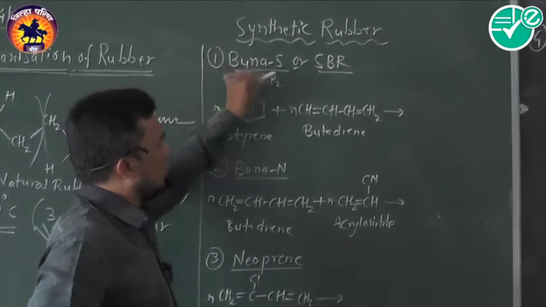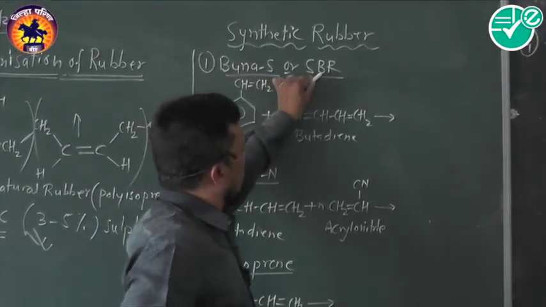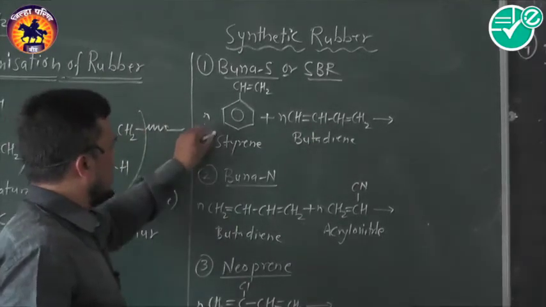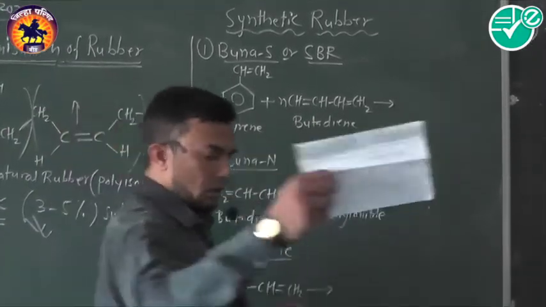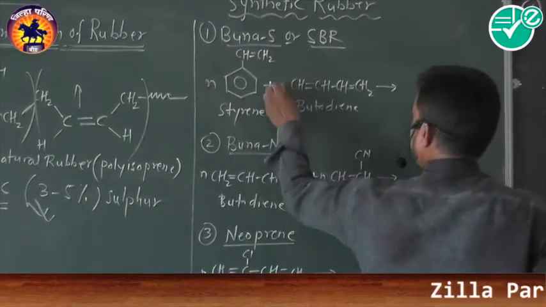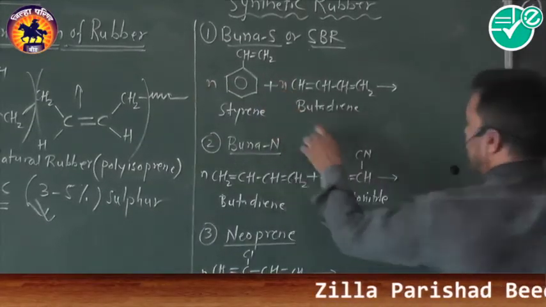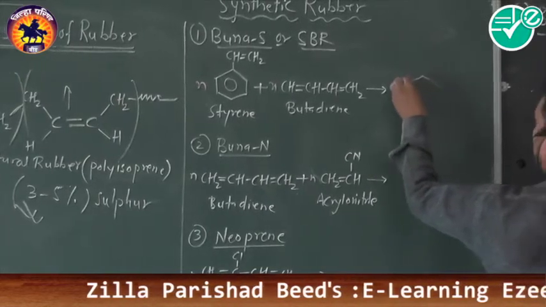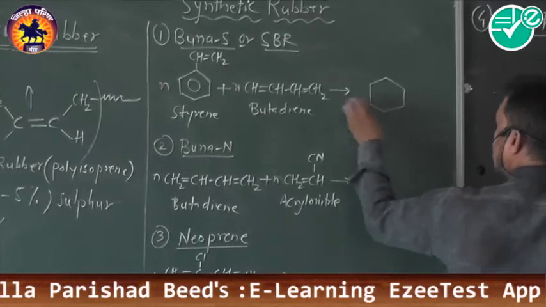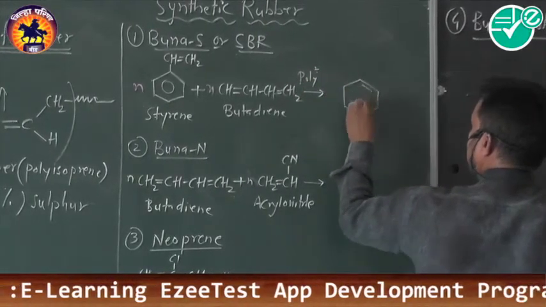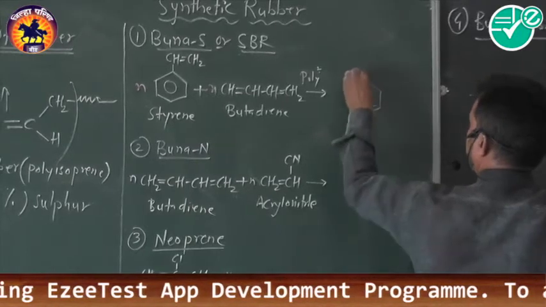Buna-S, or styrene butadiene rubber, we call SBR. N monomers of styrene react with butadiene, and through polymerization we form the SBR or Buna-S.